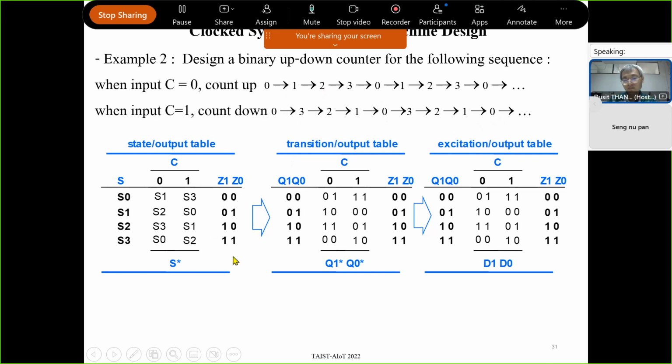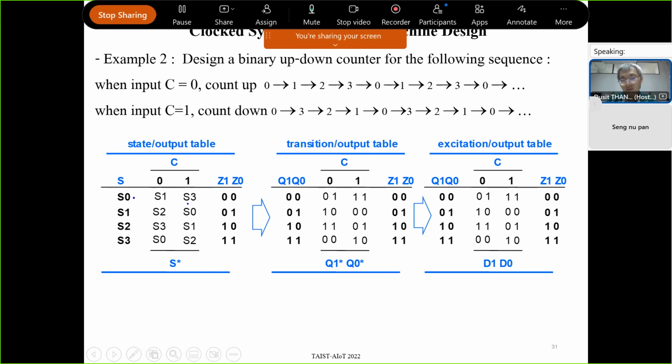From the problem, you may write the state output table like this. When C is 0, count up, it changes from S0 to S1, 1 to 2, 2 to 3, and 3 back to 0. But when C is 1, count down, right?